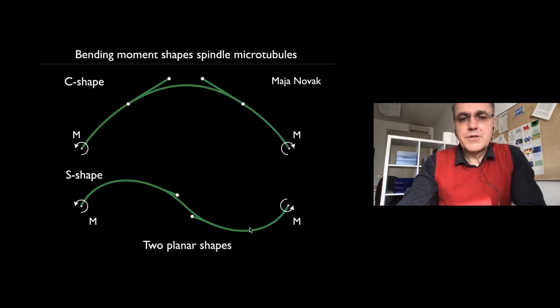We'll have a shape, we call this S shape, in contrast to this C shape of these microtubules shown above. What I want to emphasize here is that these shapes are different, but what is more different is what happens on one side of this object.